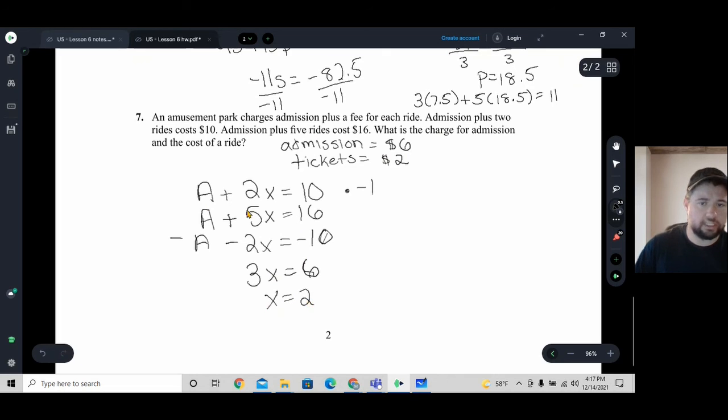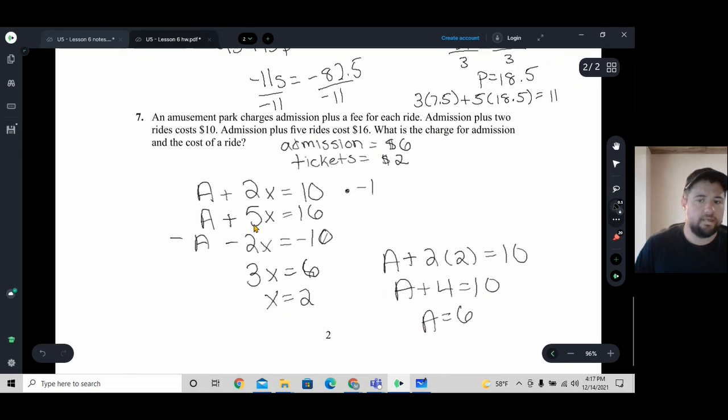I'll take that 2 and plug it in. A plus 2 times 2 equals 10. A plus 4 equals 10. A equals 6. And I'll check. 5 times 2 is 10. 6 plus 10 equals 16.